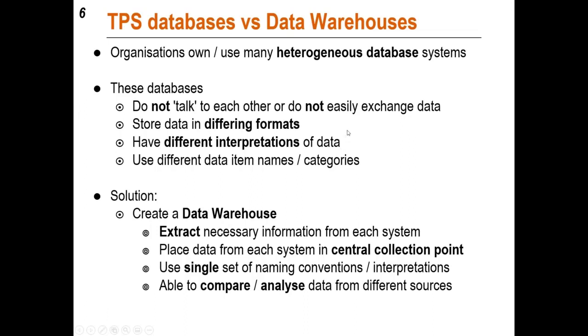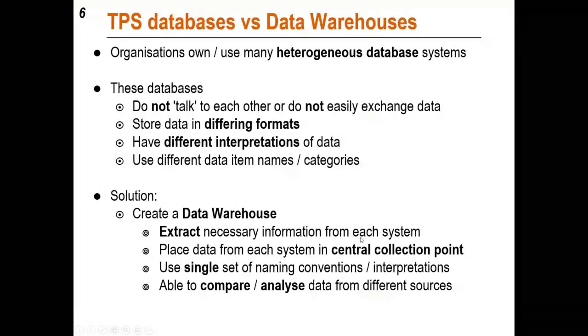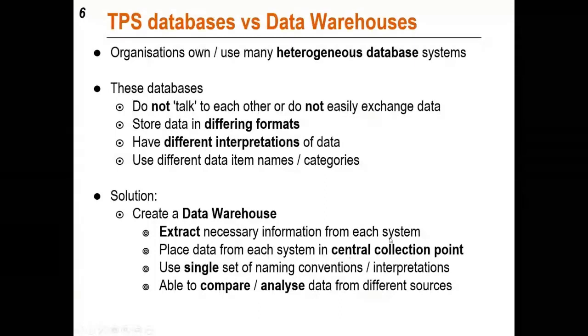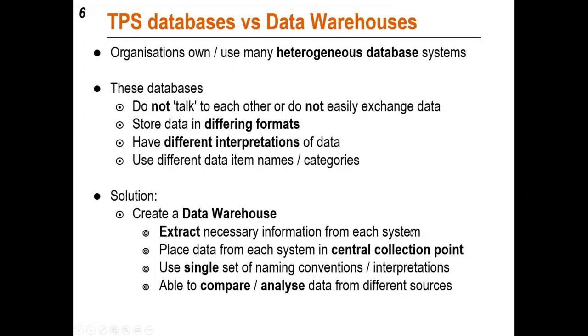So if you have heterogeneous databases in our organization, what we need to do is go through a process to extract the necessary information for data warehouses. Sometimes we need to clean some of the data, and sometimes we need to reject some existing data because we don't need that kind of data, right?